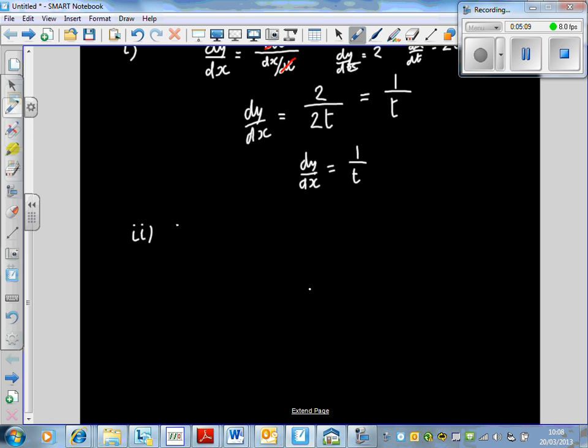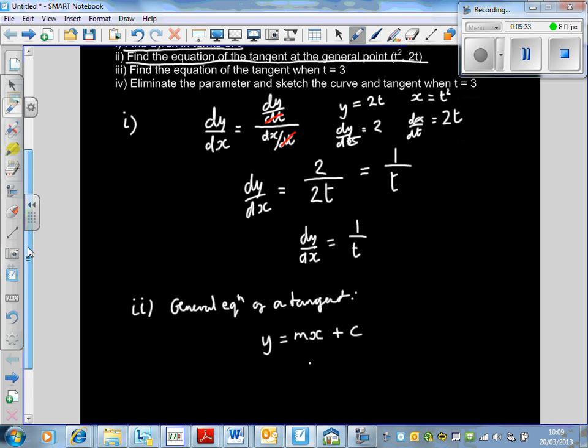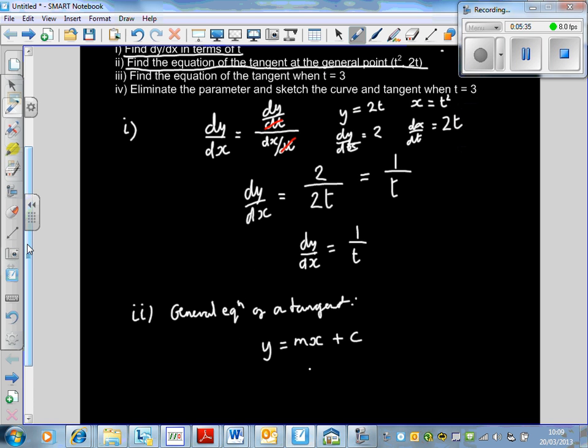Okay, so the general equation of a tangent is going to be in what form if it's a straight line, Marie? Okay. So we're finding the equation of the tangent at the general point t squared, 2t.